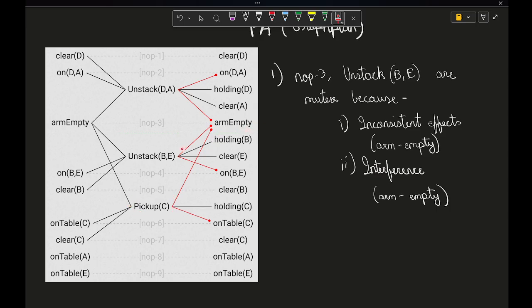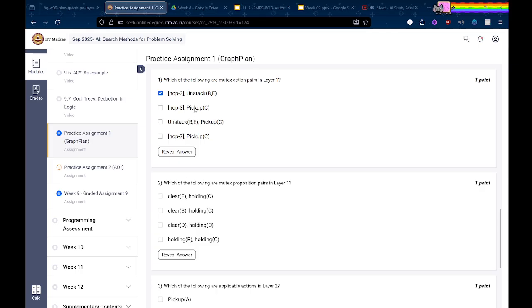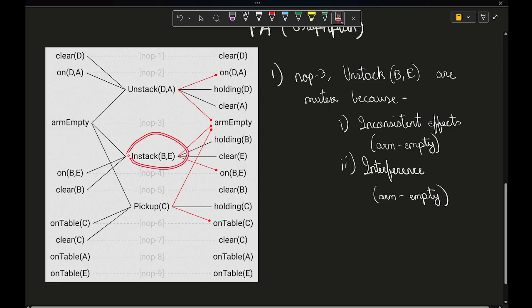That can't happen, and then there's also interference, that only one linear ordering of these two is possible. Okay, so this as well. Unstack BE and pickup C.